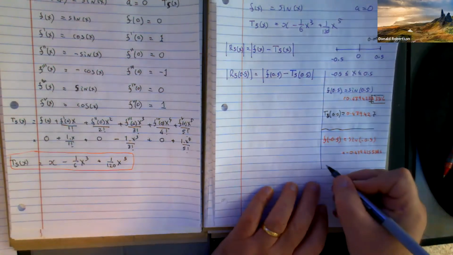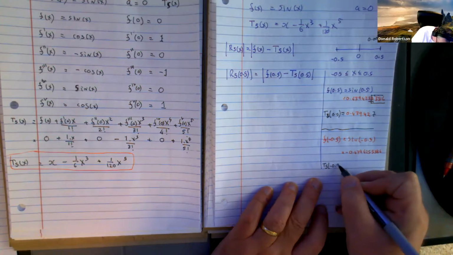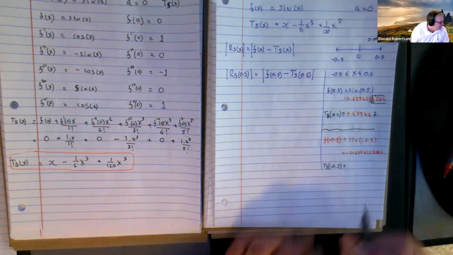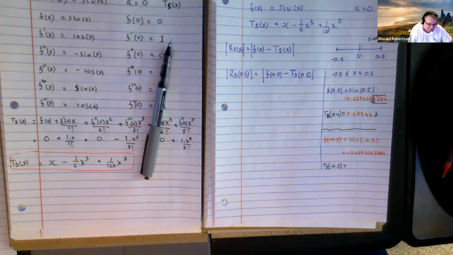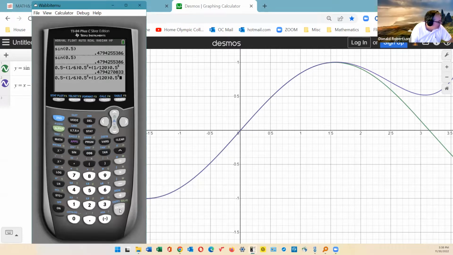And now I'm going to find T5 of negative 0.5. And we'll see what that is. I should be able to do it by going second entry and then going to each of these numbers and changing them to negative 0.5s.